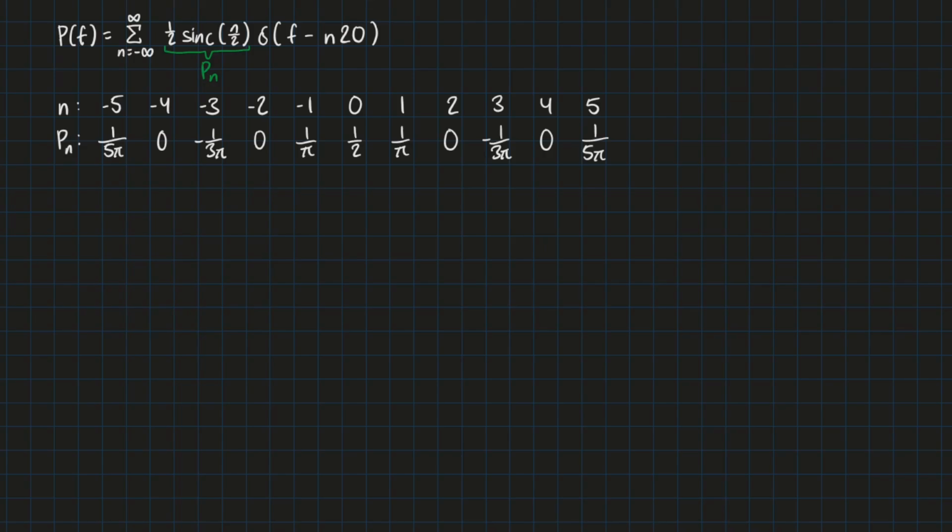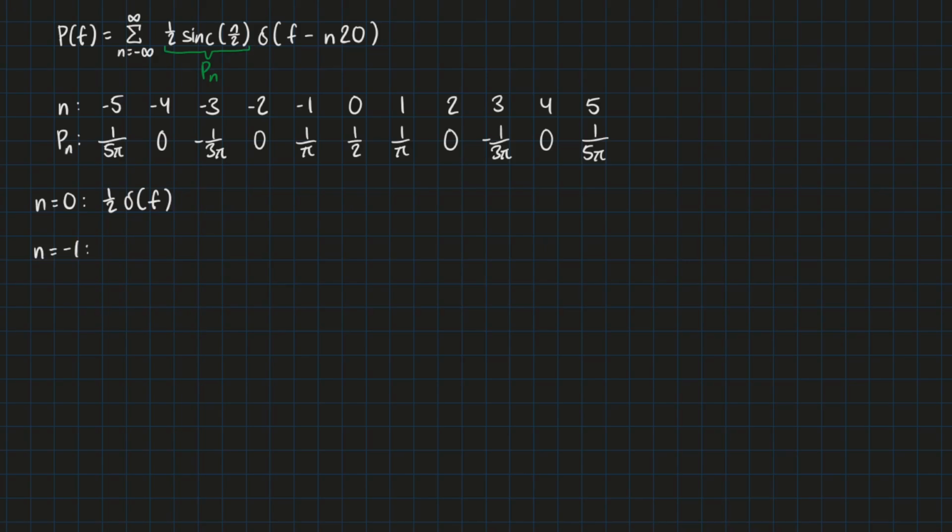So to start putting together P(f), we're going to start summing this for different values of n. So starting with n equals 0, we'll have P_0. Next we multiply that with delta of f minus n times 20. Since n is 0, we'll just have f minus 0, or just f.